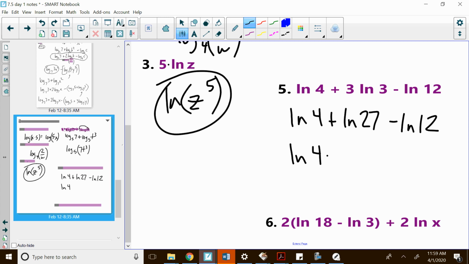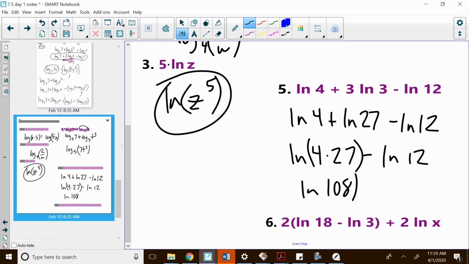This is the natural log of 4 times 27 minus the natural log of 12. 4 times 27 is 108. So this is the natural log of 108 minus natural log of 12.